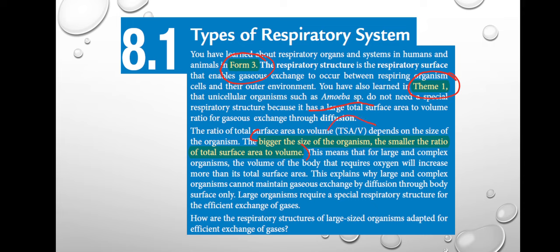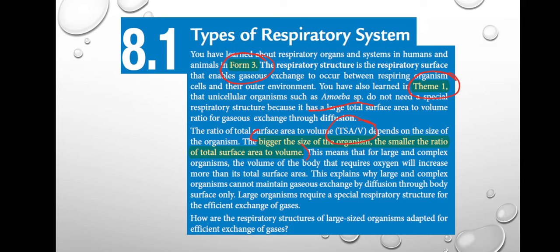So we have learned this TSA over volume ratio also. If you have this ratio very big, that means it's good. It means simple diffusion for gas exchange can occur easily at high efficiency.